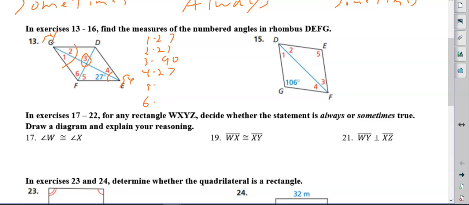That's 108. So if we take 360 in a quadrilateral minus 108, that gives us 252, which we have to divide two ways and get 126 here and 126 here. But then we have to divide that by 2 again to get these two of 63.